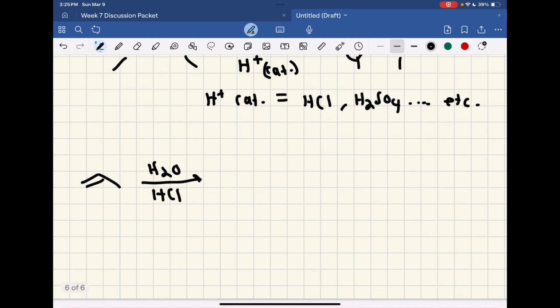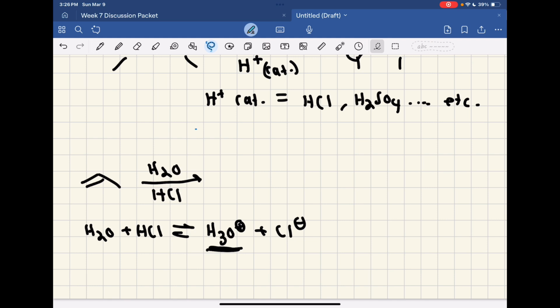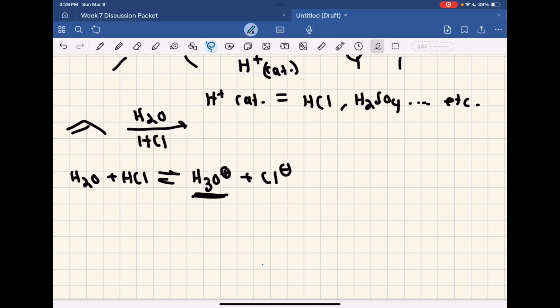Whenever you see two reagents over a reaction arrow, you always assume that those two things are going to react first before they touch your substrate. We know that this is a dynamic equilibrium where we're going to create hydronium and chloride anion. And hydronium is the main reagent that I want you to be aware of that's interacting with this double bond, this alkene.